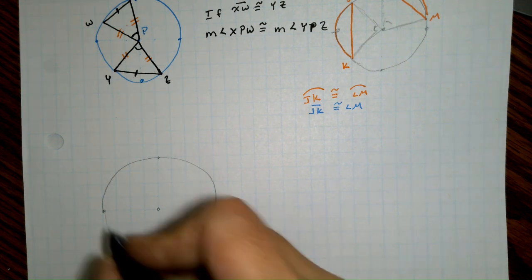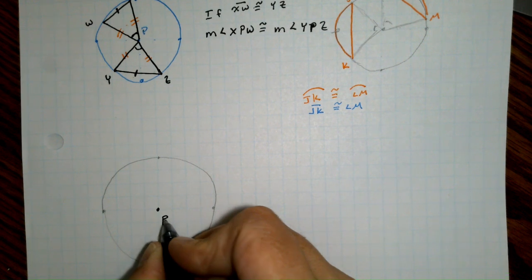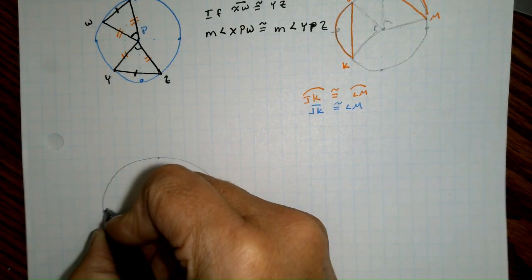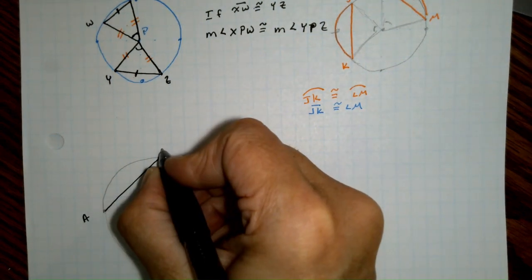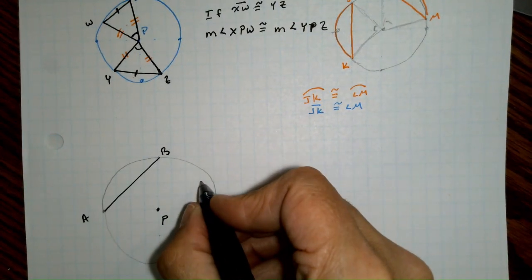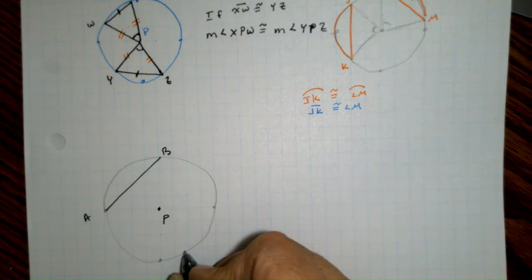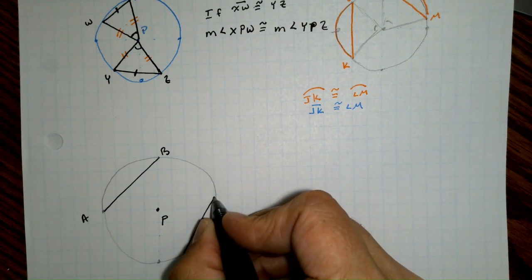Okay, we're gonna put R as the middle of this one. And I'm gonna have AB right here. And CD is gonna be right here.